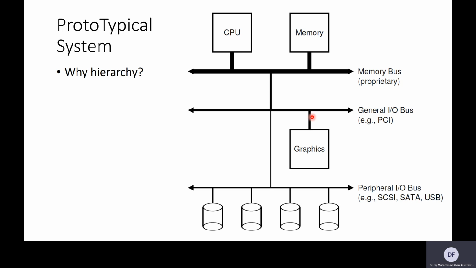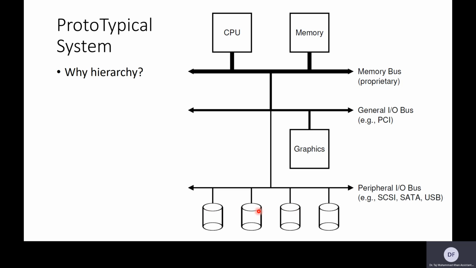And then there's another bus, let's call it the peripheral IO bus, which will connect further devices with your computer systems. The devices that they will connect here, these cylinders, usually represent hard drives, or permanent storage.